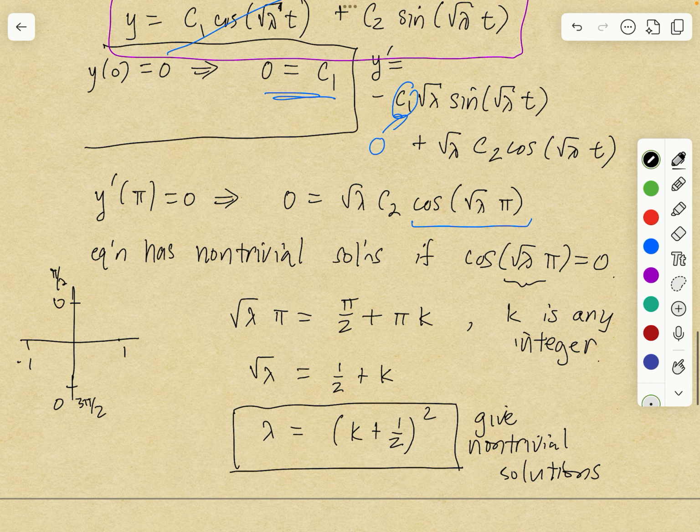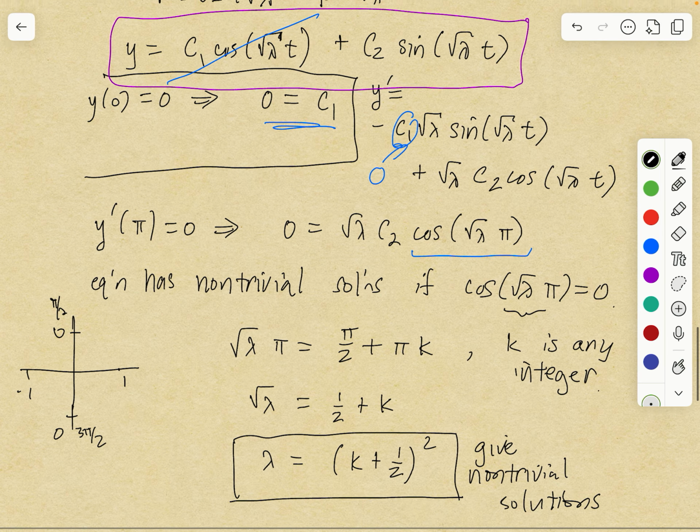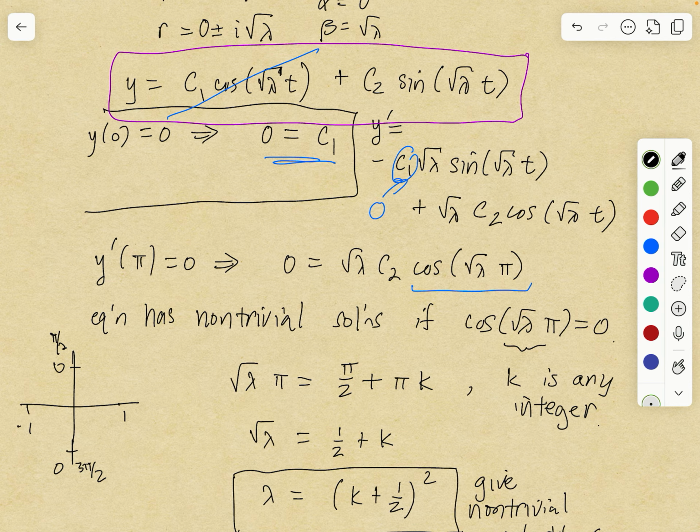Let's just summarize what's happening. If lambda is k plus 1/2 squared, where k is an integer, then cosine of root lambda pi is going to be 0. And so no matter what C2 is, C2 sine root lambda t is going to be a solution to your equation.